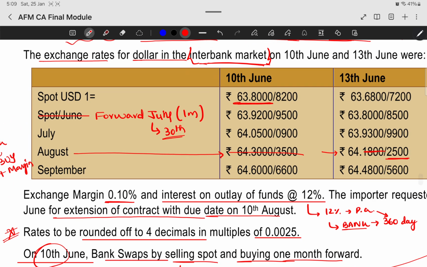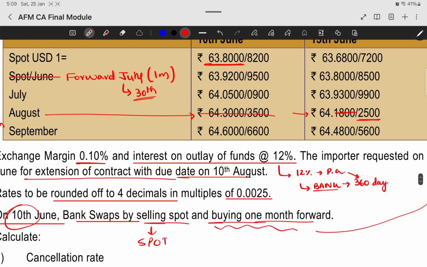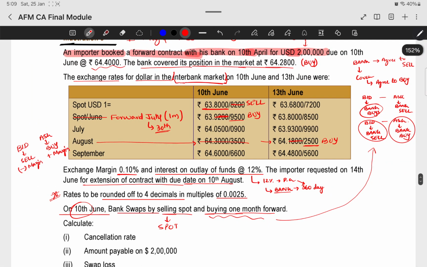This is the relevant rate of selling. And buying 1 month forward on the same day, so the 1 month forward bought would be this rate, and this should be cancelled. Okay, so this is buy, and this is sell, and this is again buy. These are the relevant rates.